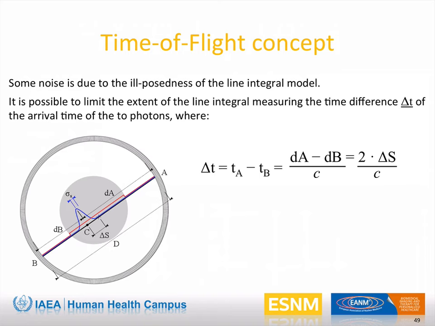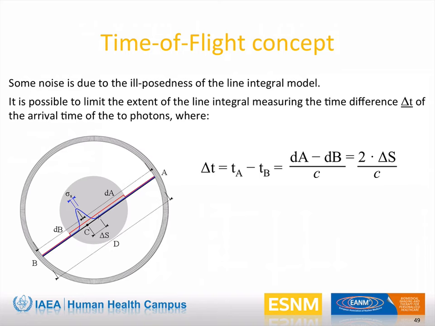The positron annihilation point is assigned an equal probability along the chord, that is the intersection of the LOR with the field of view, as in the red line in the picture. In principle, from the difference of arrival time of the two photons onto the opposing elements, it would be possible to determine the exact position of the annihilation point.